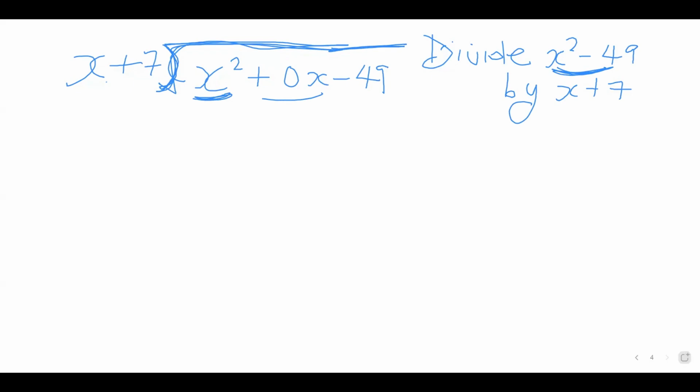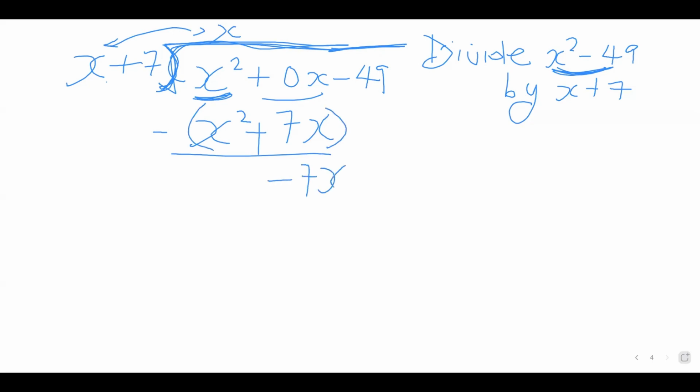So x into x squared is going to be x. And we know x times x is equal to x squared. And now we're going to be left with 7x. But we also know that because this is a subtraction, this is going to become negative 7x. I'm going to bring down the negative 49 here, and we're going to divide.